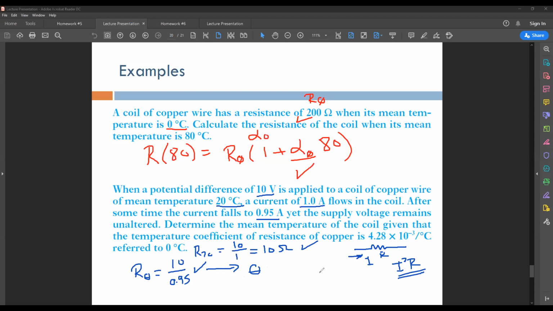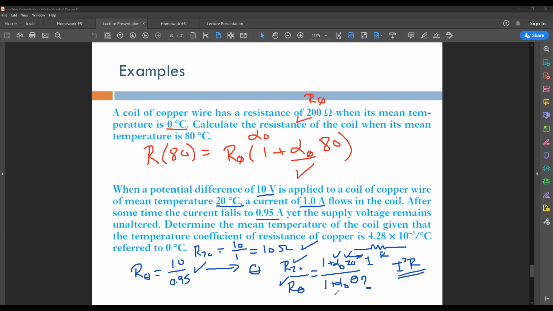So you can use R20 over R theta equal to 1 plus alpha 0 times 20 over 1 plus alpha 0 times theta. And you have everything already. The only thing that is missing is theta.